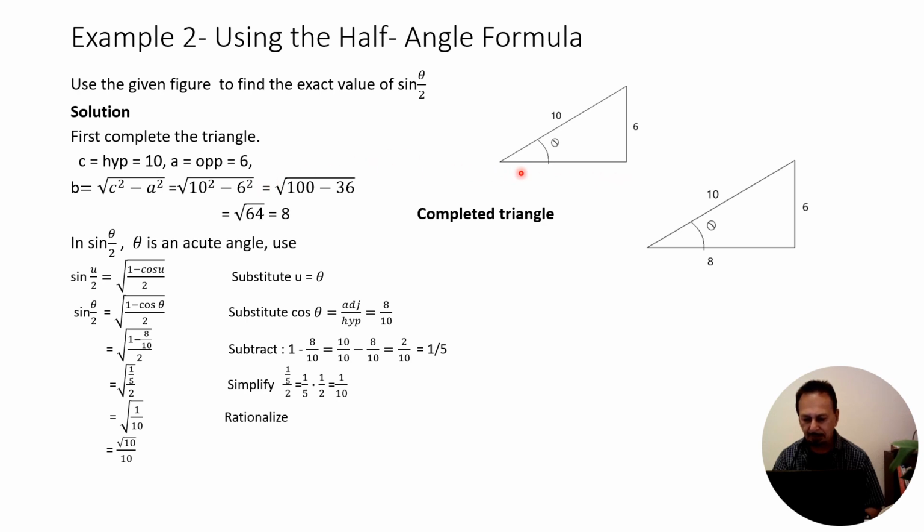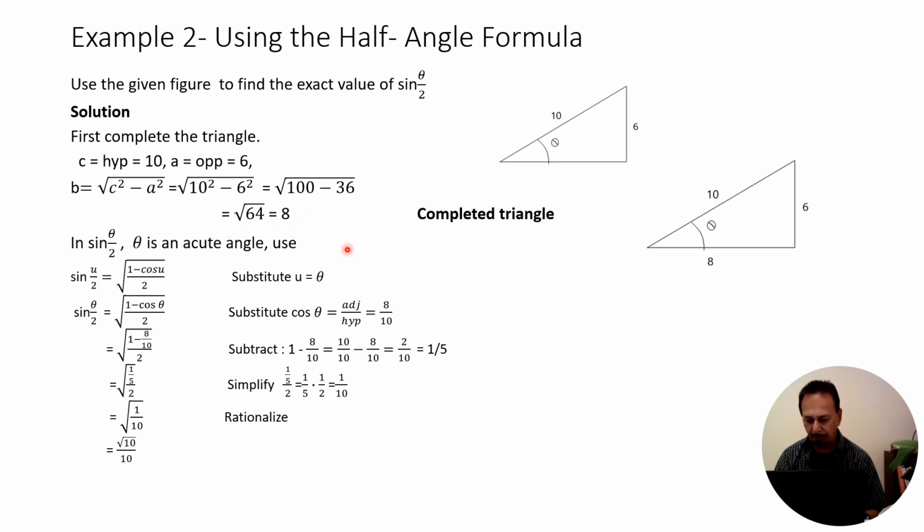So C is 10, A is 6, and we have to find B. We can use the formula B equals the square root of C squared minus A squared. Now we replace C with 10 and A with 6. We have the square root of 10 squared minus 6 squared. 10 squared is 100, 6 squared is 36. So we have the square root of 100 minus 36, which is the square root of 64.